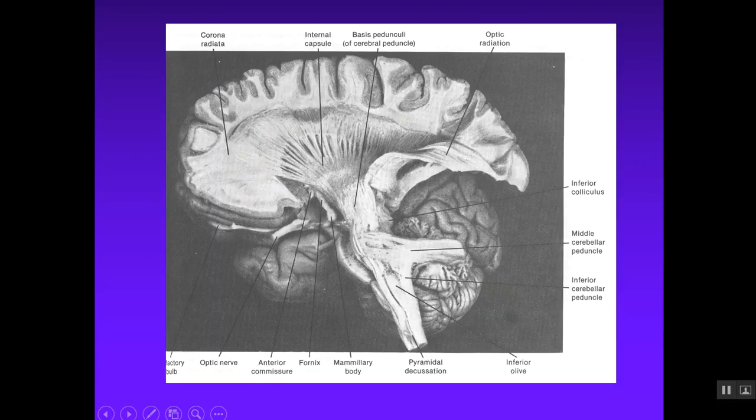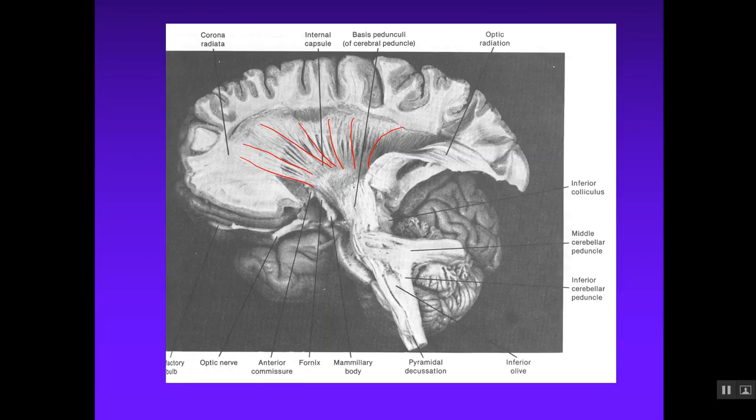So this is a neat dissection where they tried to expose the white matter and show the white matter axons. So they cut it away. All this is the corona radiata, all those white matter fibers coming from the cortex going down. What they've done here is take most of the lateral part of the cerebral hemisphere away, including the basal ganglia structures, the putamen and the globus pallidus.